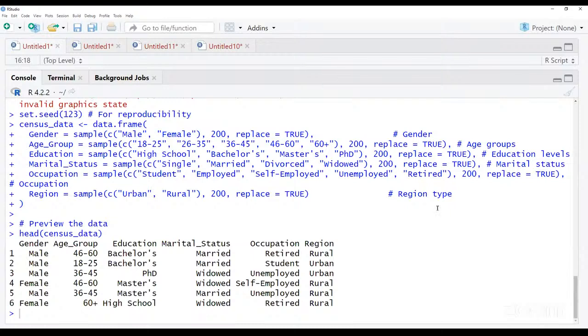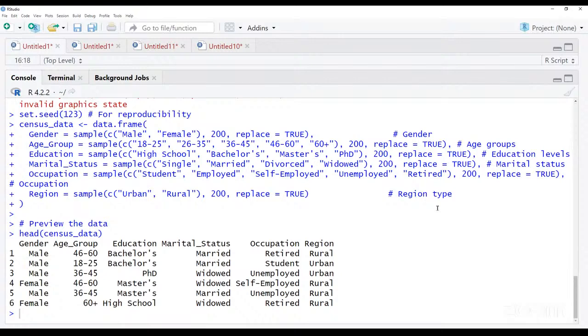So this is the census data: gender, age group, education, marital status, occupation, region. Here you will find that all the data are text data. There is no numeric data. It has not been transformed into any numeric data.